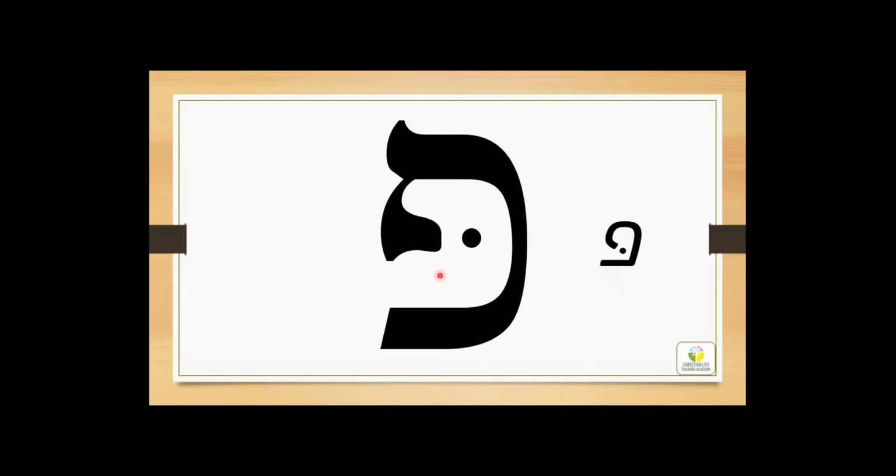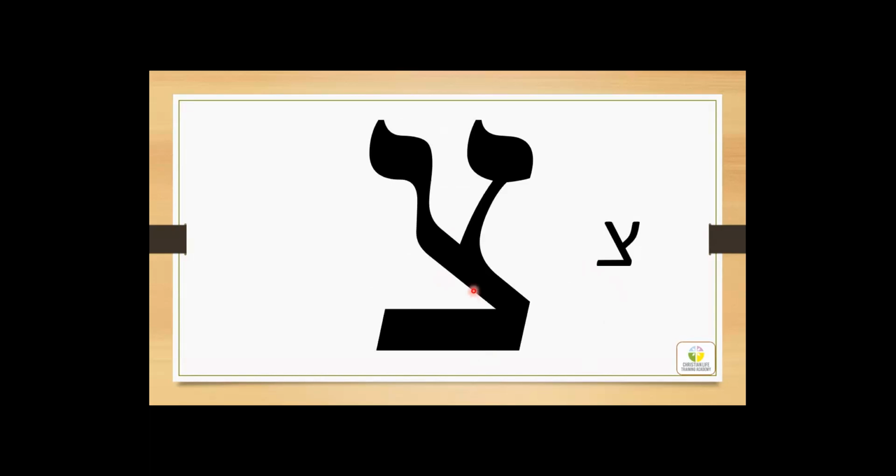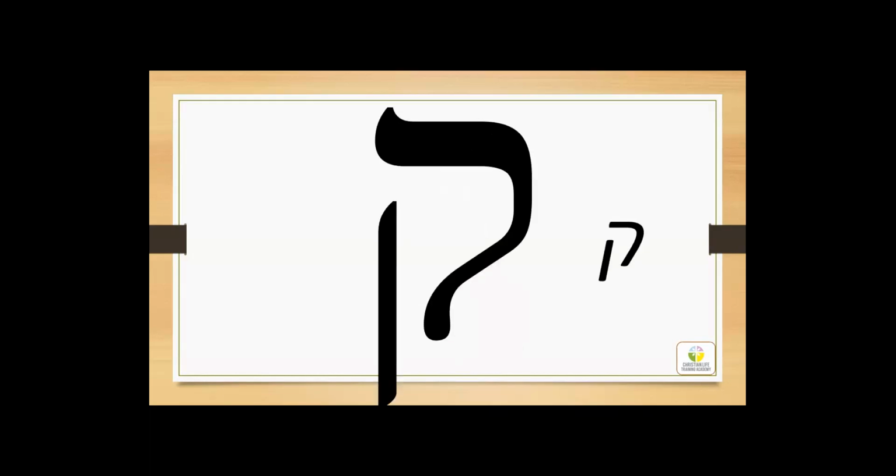And this is Pey, with a dot. Fey. Tzadi. And then Kof.